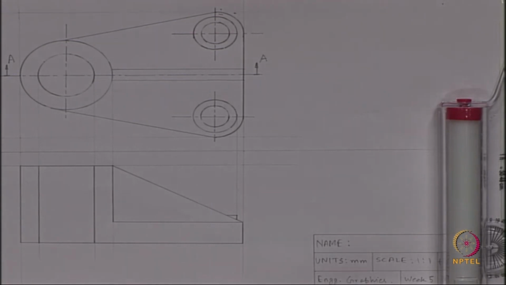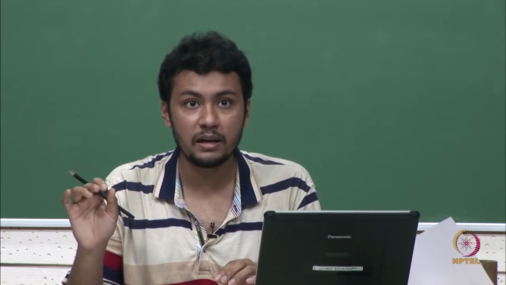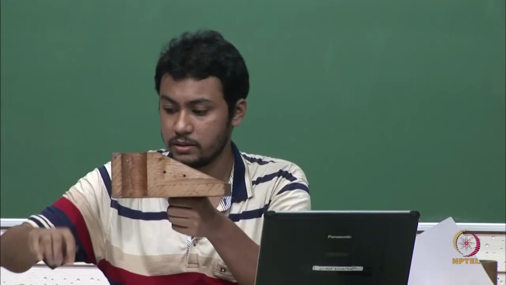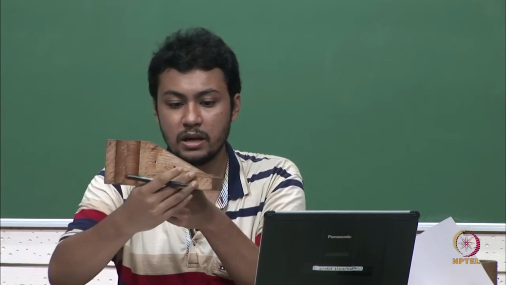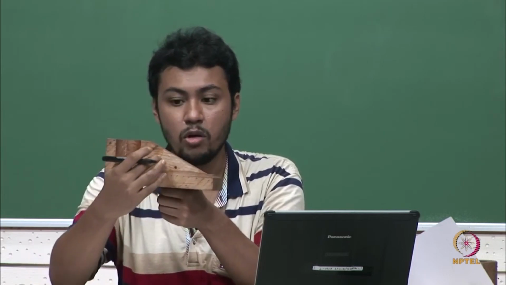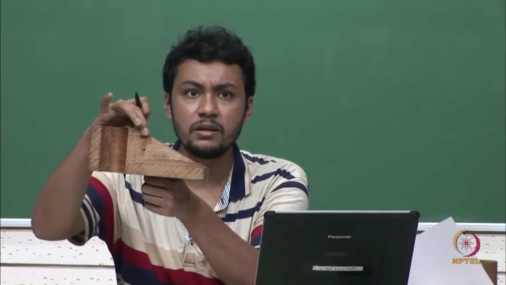Now, the most important part which I have not drawn is the section. Which of the parts have been sectioned here, that we have to understand first. Look at this. This part has been sectioned, this part has been sectioned, and the lower part. We will not consider the rib here, because the rib is very thin.